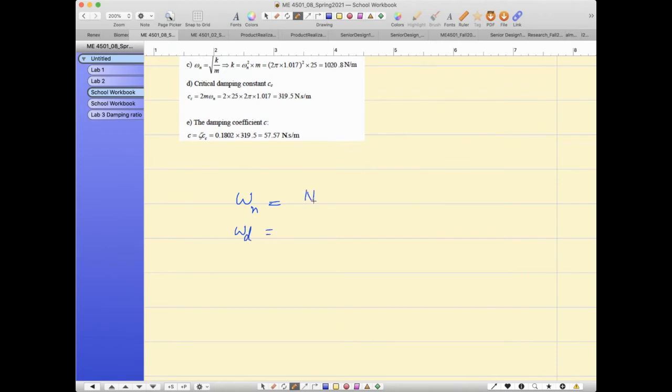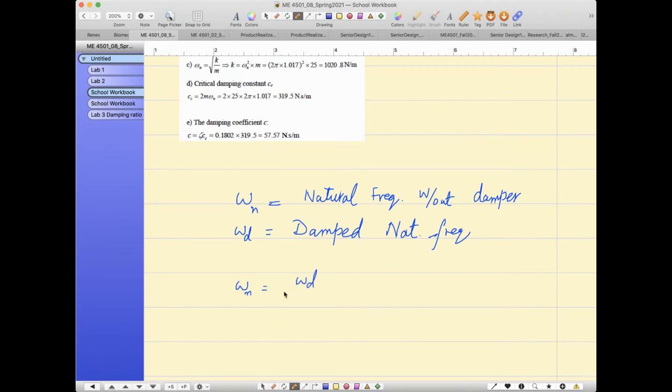Omega n is the natural frequency without damper, and the relationship between the damped and undamped natural frequency is omega d.